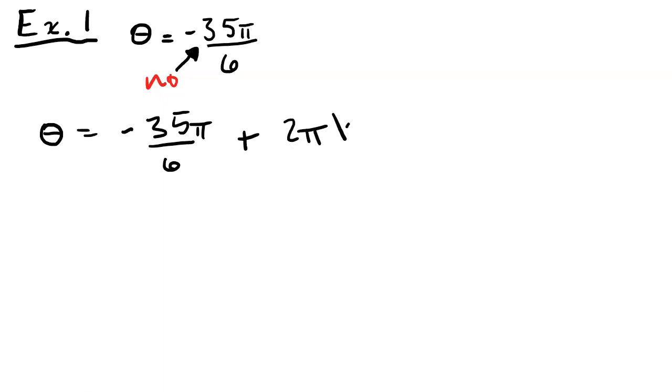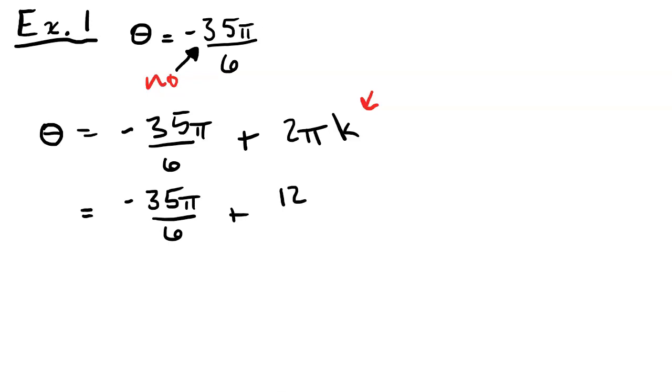So we're going to write our coterminal angle formula right here. And we want to ask ourselves, again, how much do we have to increase k until we get this negative angle to be positive? It might help if we write 2 pi in terms of this 1 over 6 fraction.